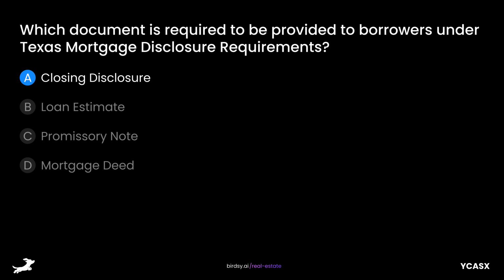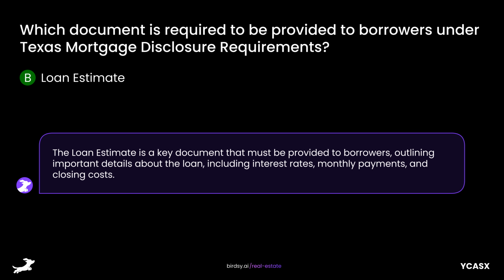Is it A, closing disclosure, B, loan estimate, C, promissory note, or D, mortgage deed? The answer is B, loan estimate. The loan estimate is a key document that must be provided to borrowers, outlining important details about the loan, including interest rates, monthly payments, and closing costs.